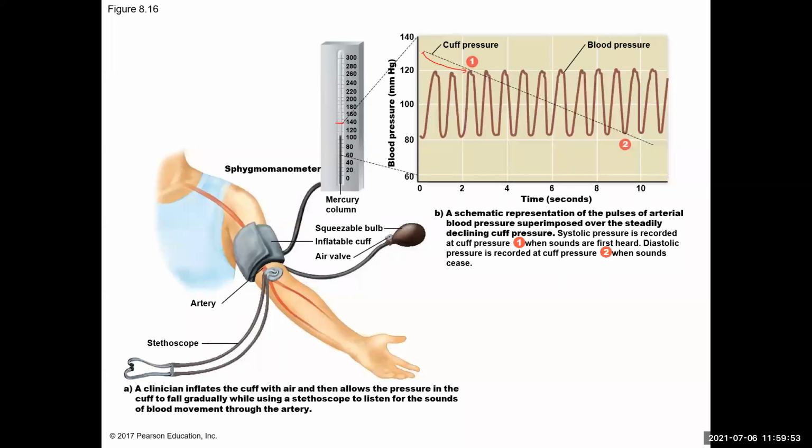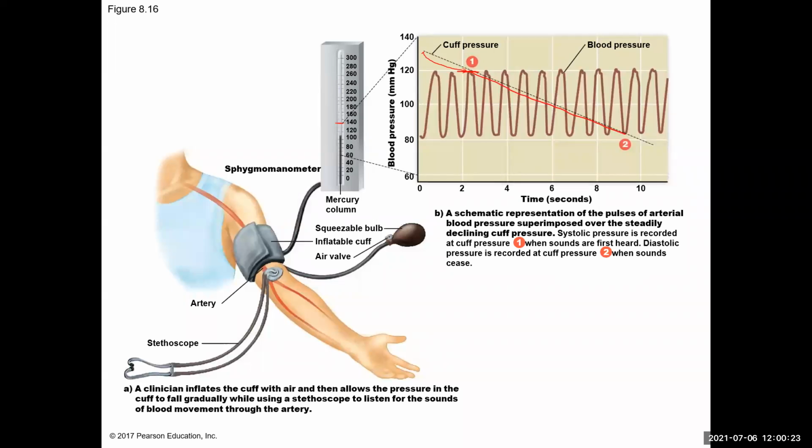And so the point at which you begin hearing that first tick, that's the highest blood pressure that allows the blood to kind of spurt through that constricted vessel, okay? And then you'll keep hearing those ticks as that cuff pressure is released, right? And then at the lowest pressure where you hear a tick, so where you stop hearing that tick, is the diastolic pressure.